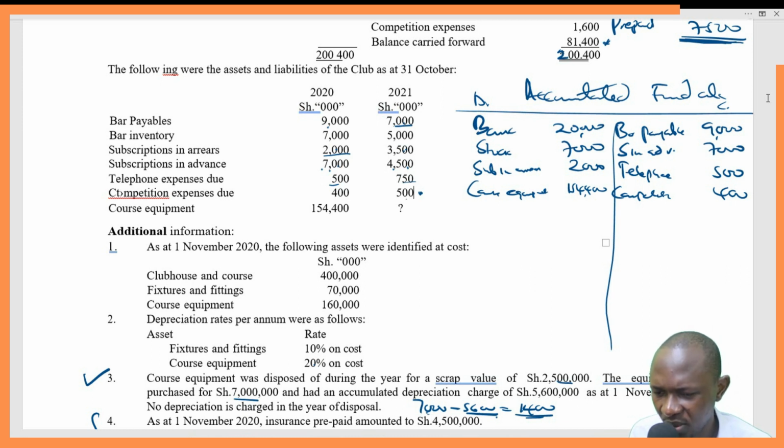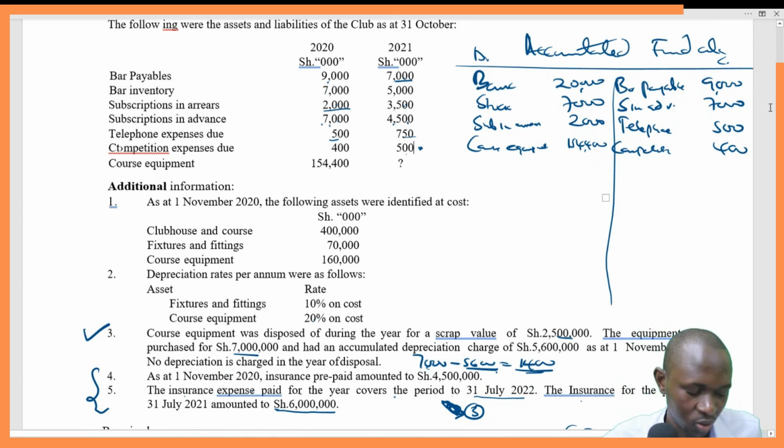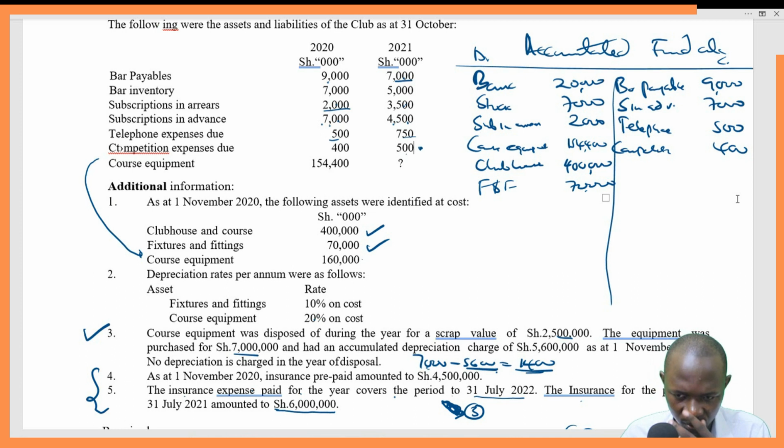As at 1st November 2020, the following assets were identified at cost. Clubhouse, 400,000. Fixture and fitting, 70,000. Cost equipment was already captured, 154,400. Depreciation is not there.